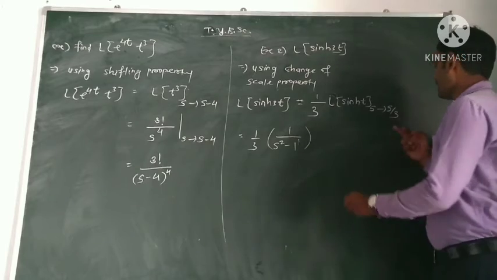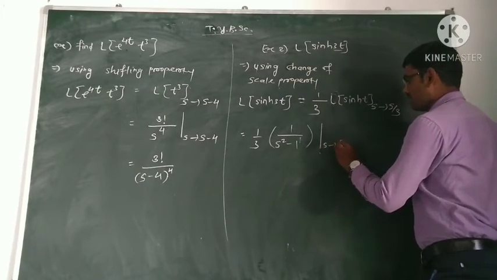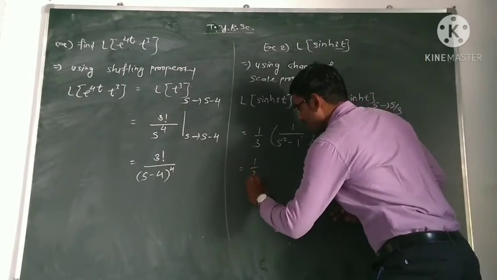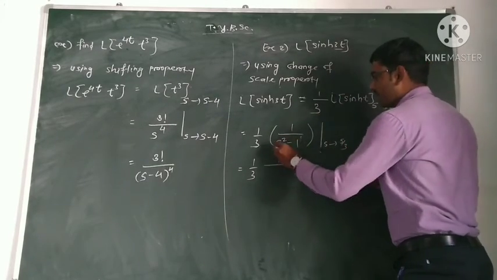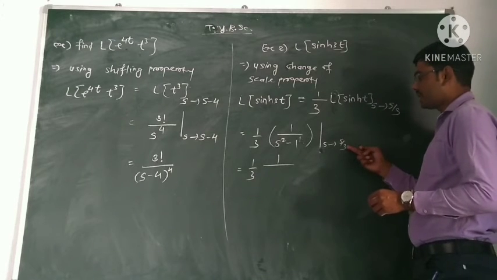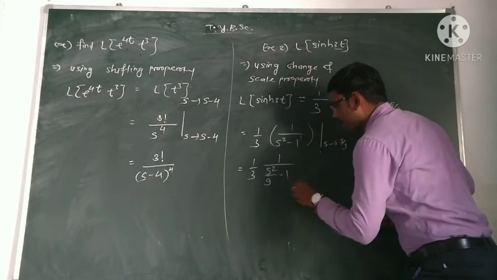And in the answer, shift s to s by 3. So the answer will become 1 by 3 as it is into 1 upon the value of s now s by 3. So s square is s by 3 whole square, that is s square upon 9. So s square upon 9 minus 1.